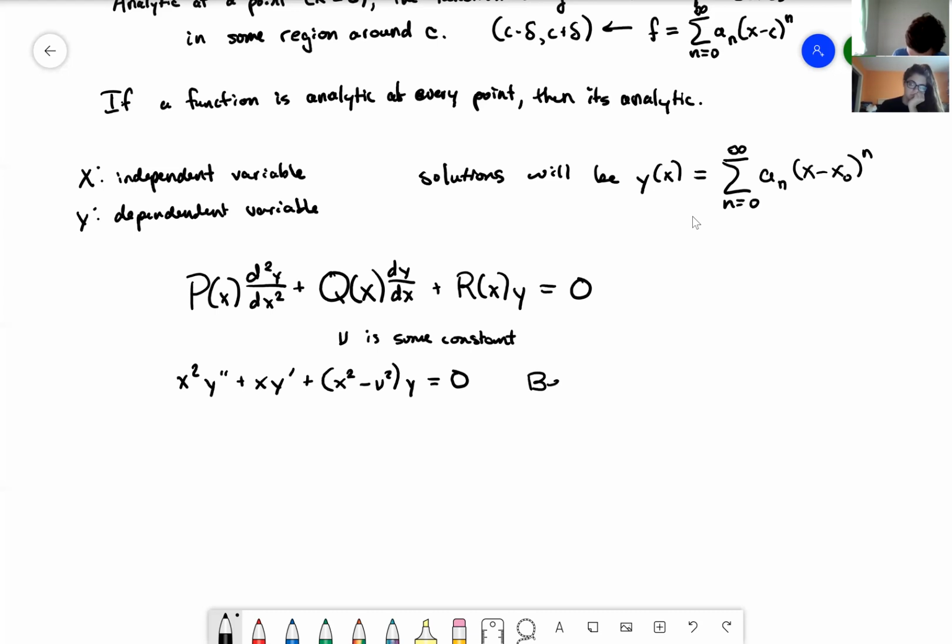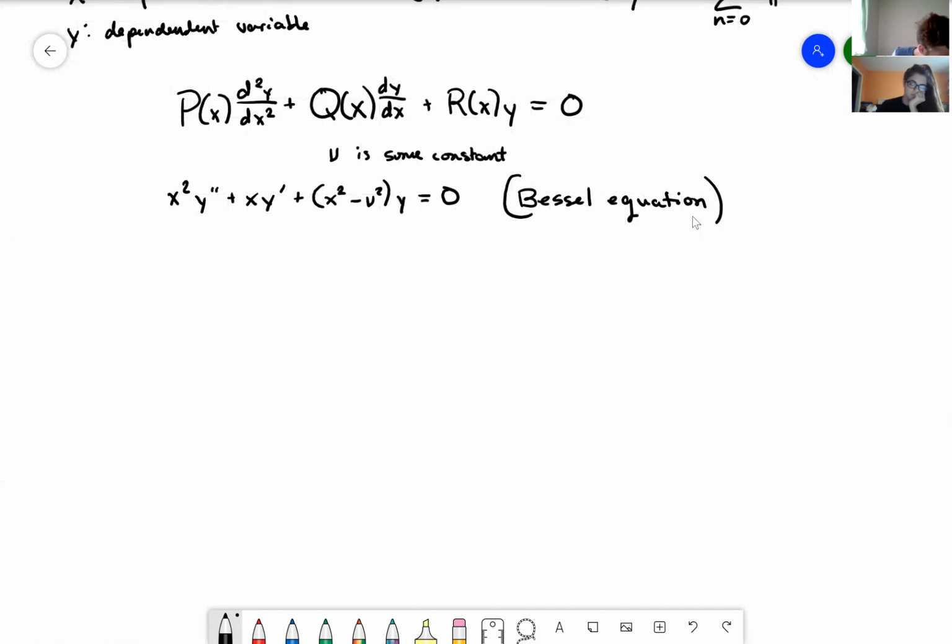This is called the Bessel equation. I don't remember anything about it from the times that I had this in my classes, but I seem to remember it coming up in quantum mechanics. How, I don't know. That's a question for a physics class.